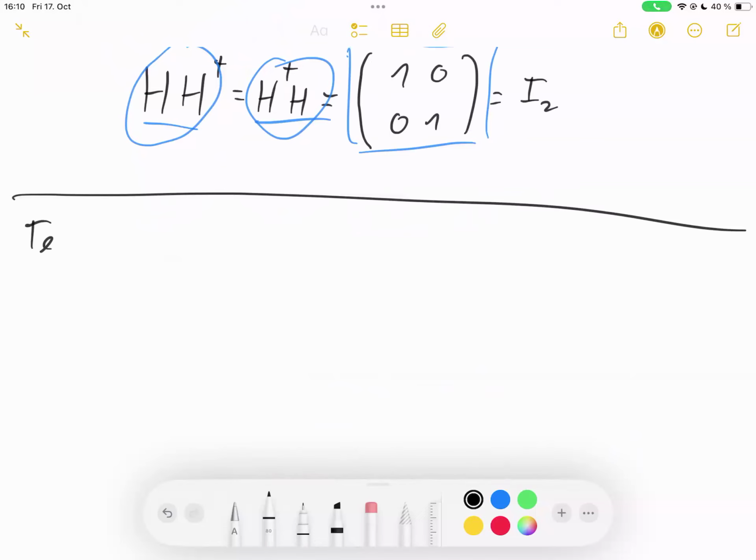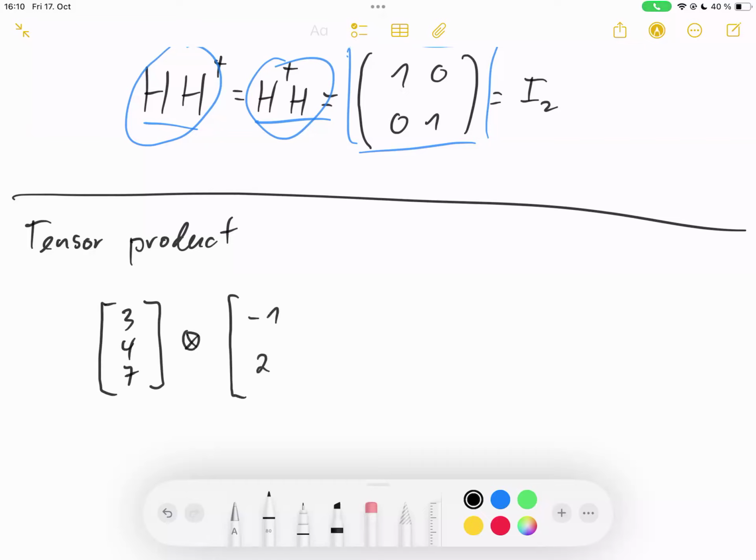So we have the tensor product, and we have our first vector, which is 3, 4, 7, and we have the tensor product with -1 and 2. And I want to know from you, what's the answer when I have the tensor product of these 2 vectors?